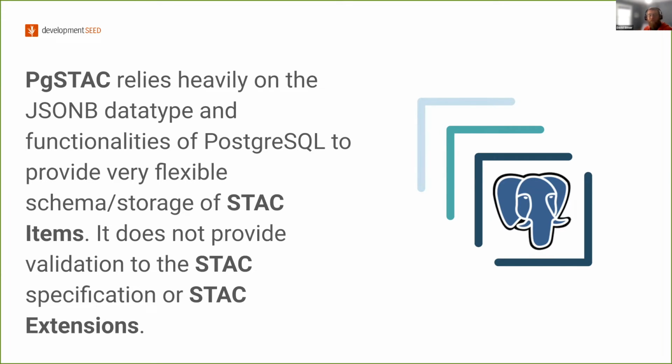The only things that it really requires you to have as part of that STAC record are the datetime and the geometry information. It's parsing those out and instantiating them as their own columns. Everything else is stored relatively as is in JSON.